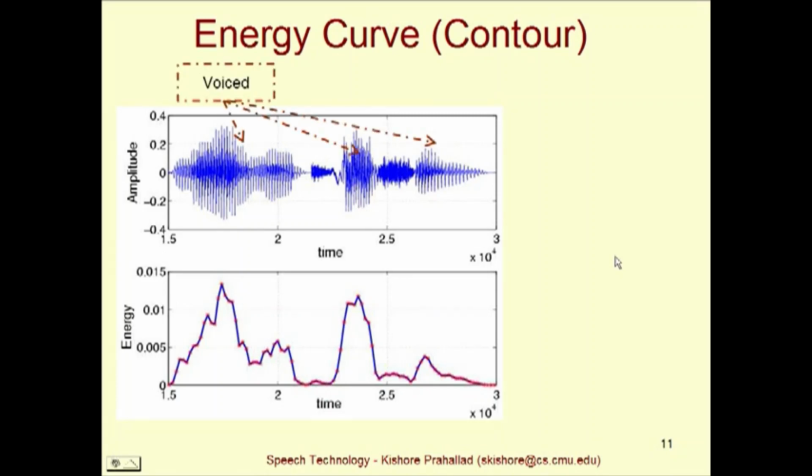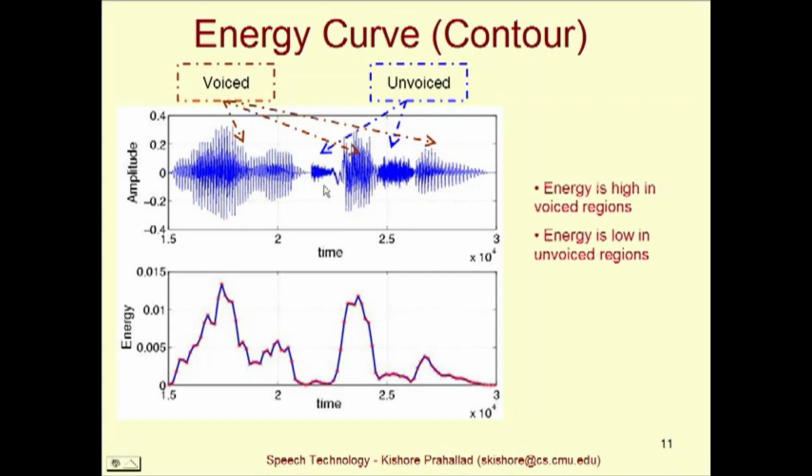Let's look more carefully at why we are so excited about this representation. If you see in the speech signal, this is a voiced segment, this is another voiced segment, this is another voiced segment, and then there are two unvoiced segments, one here and one here.